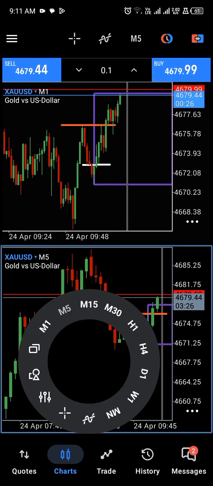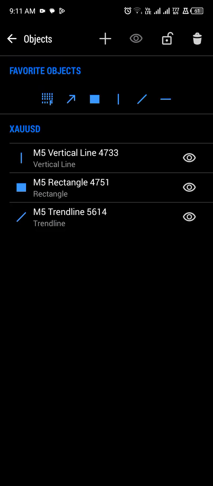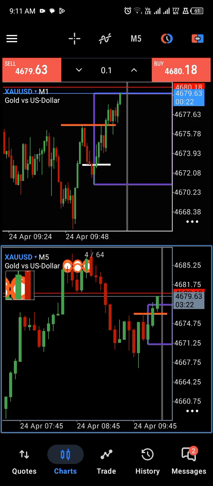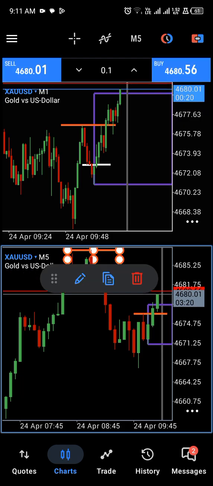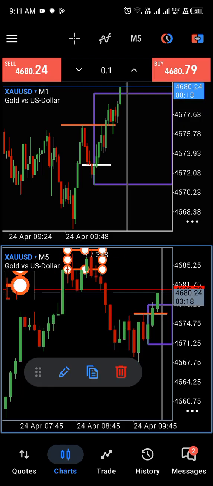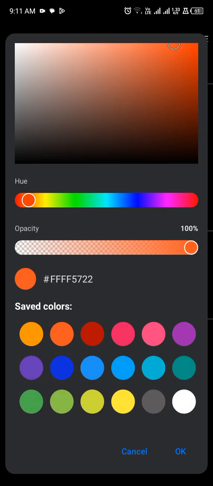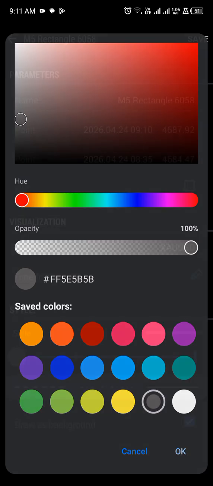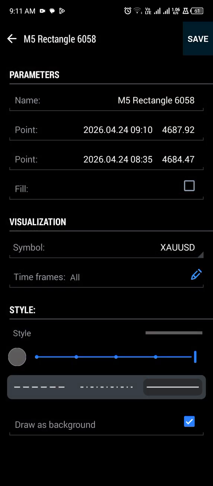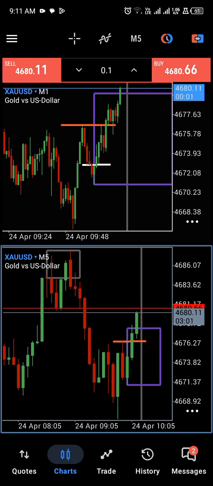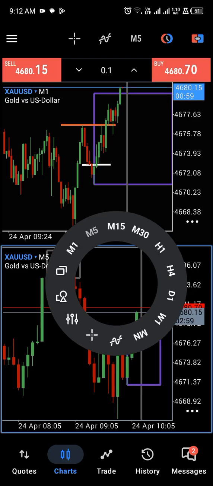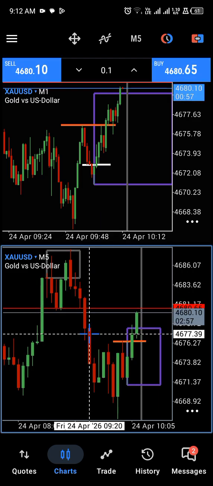And another thing that I'm seeing on the 5 minutes time frame, this is a very interesting key area. This is one of those areas where I would be in expectation to see sellers selling aggressively from this area.